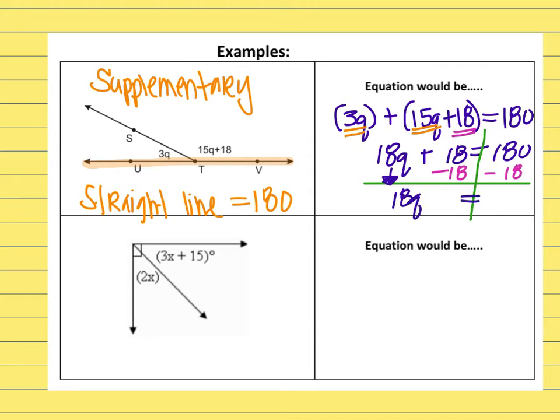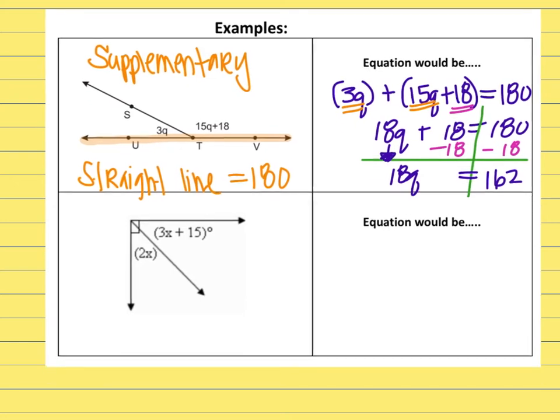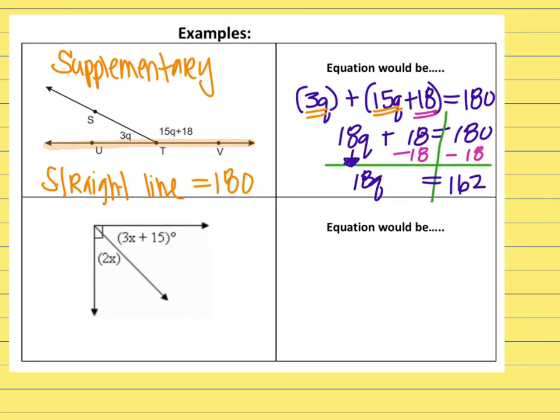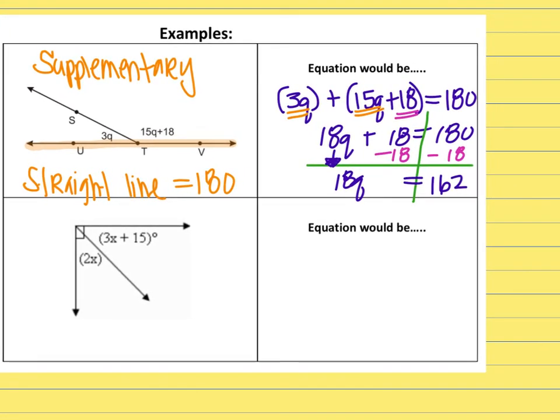And then 180 minus 18 is 162. I'm going to scoot this over so I can have a little bit more space on the side because I wrote too big. The last step is to divide by 18 because that's the number with the variable. When you divide 162 by 18, you actually get 9.